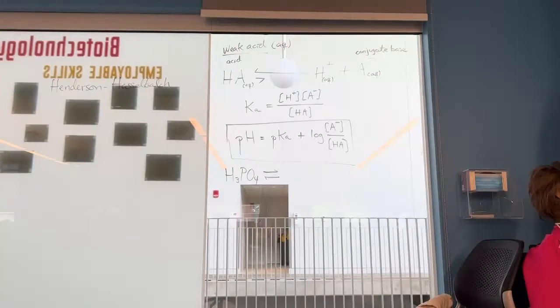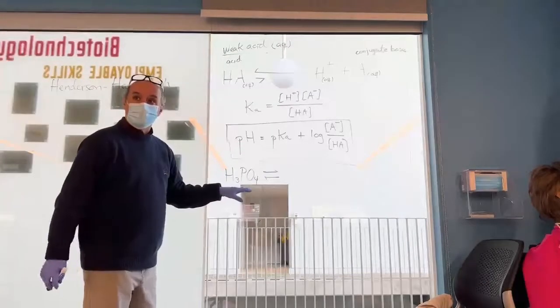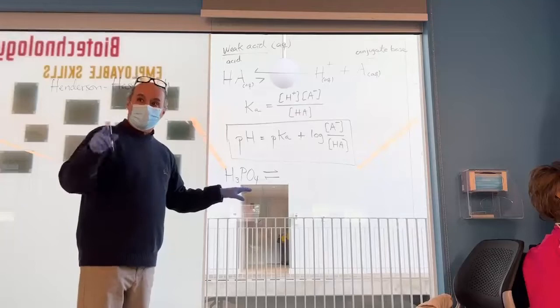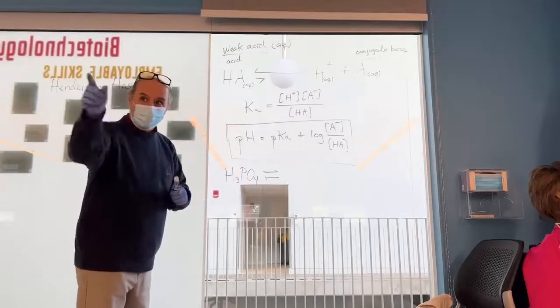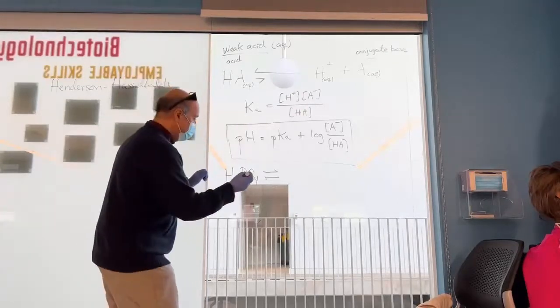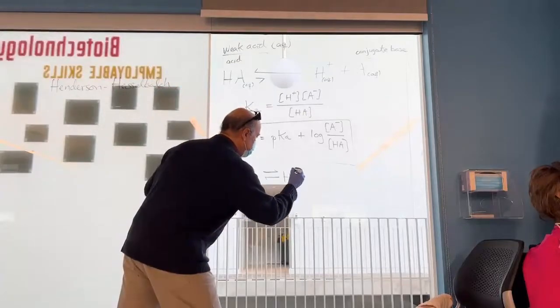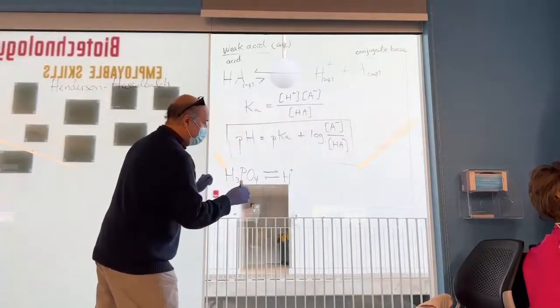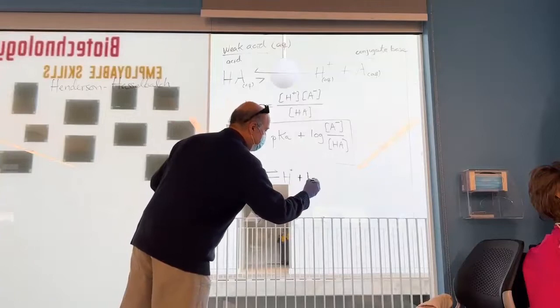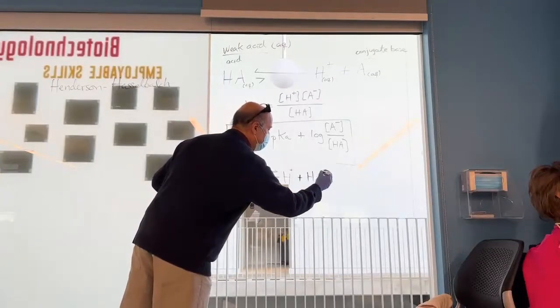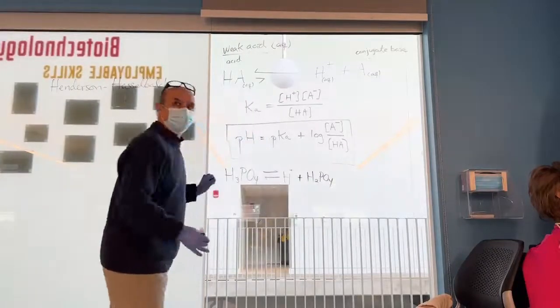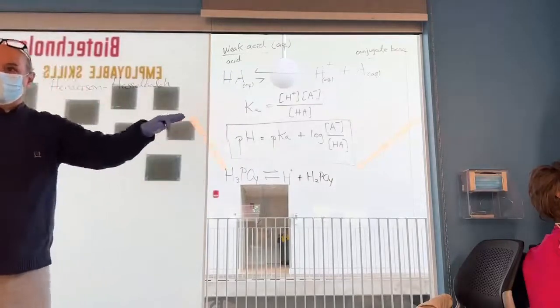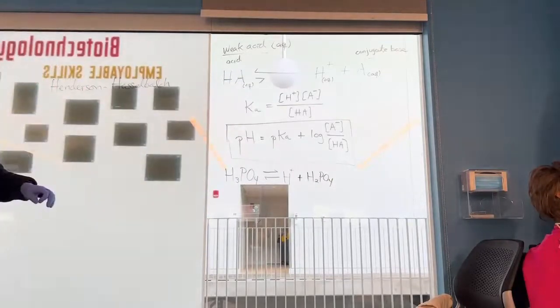Absolutely right, Stanley. But let's put first the hydrogen by itself, and then you tell me what you just said. So I'm going to put H plus, that's the one that I removed, and then you said H2PO4, right?